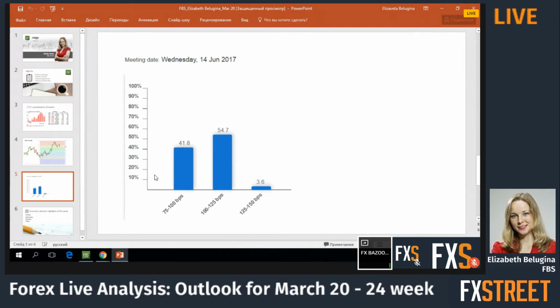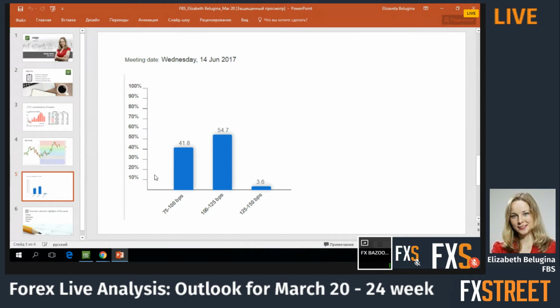But all in all, we can't say that this possibility is really high. Still, the market has room for pricing in higher rate hikes, but to do that, we'll need some economic evidence, some stronger data releases from the US, or more hawkish comments from the Federal Reserve.